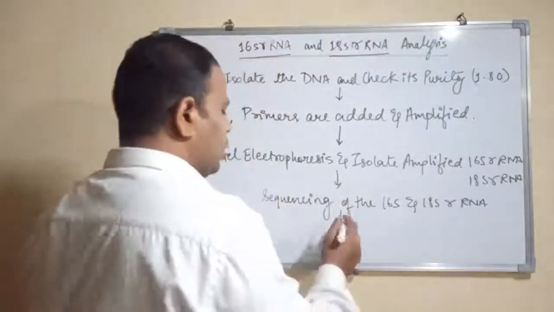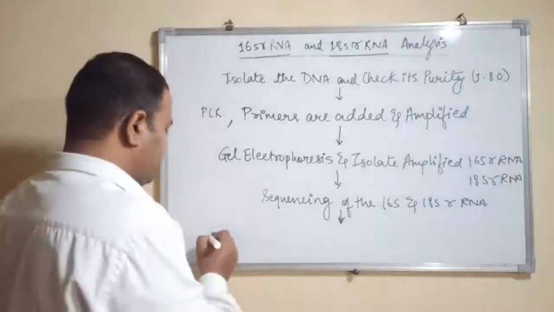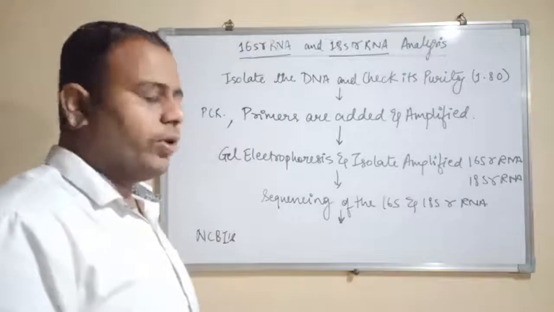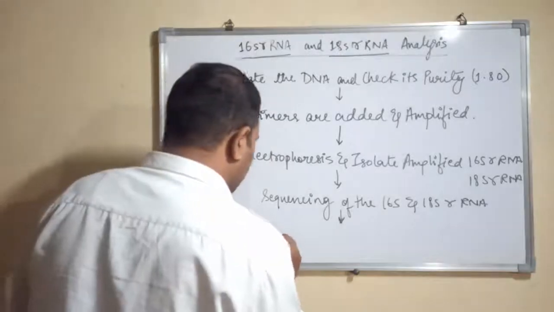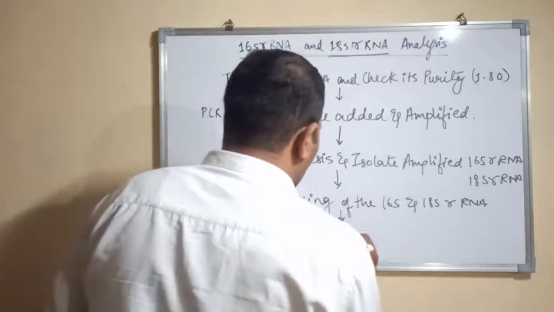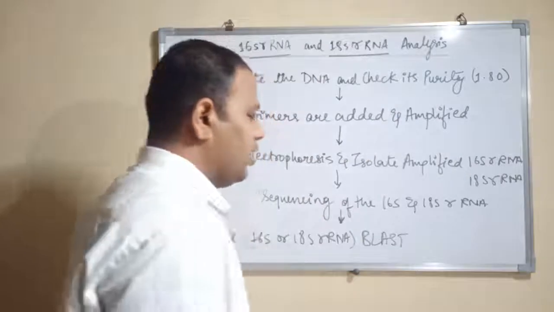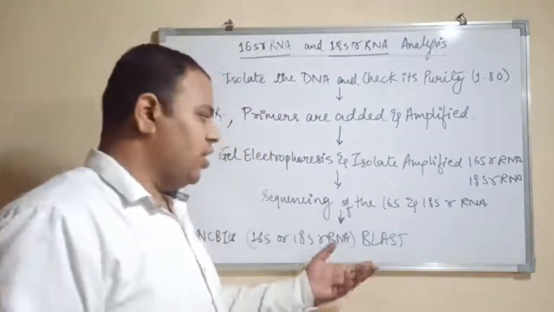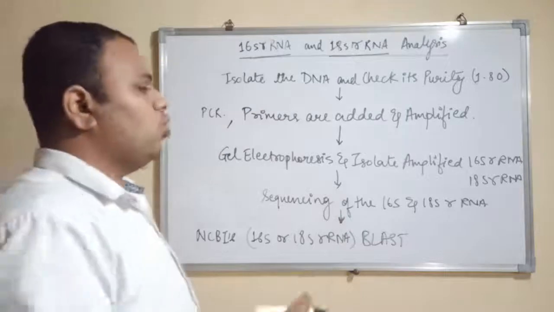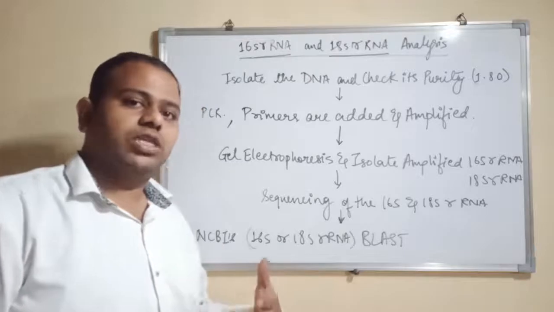Once you get the sequence, you can go to the NCBI website. In GenBank, you can select the 16S or 18S rRNA database and BLAST it. Using BLAST, you can get different sequences that match your particular 16S rRNA sequence. The sequence that matches a particular species means the species identification is done.